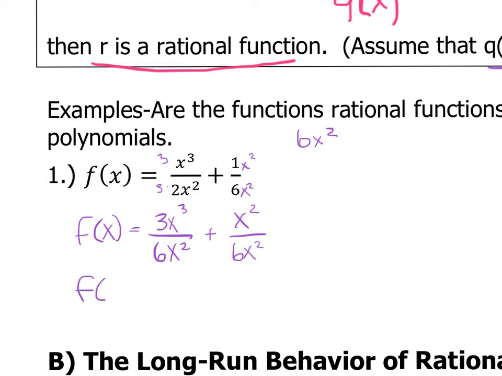Then once we have that common denominator, we can write this as a single rational expression. And then doing that, we have accomplished our goal to write this as a ratio of polynomials. So we have a polynomial on top, we have a polynomial on bottom. So this is a rational function.